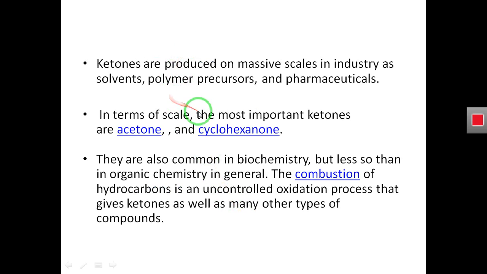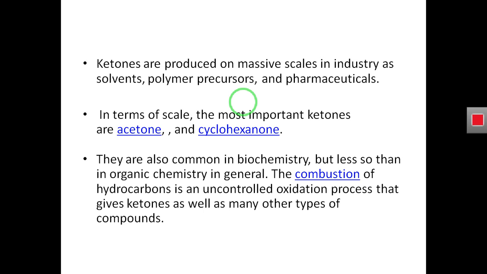Ketones can also be produced on a massive scale in industry, for example as solvents and polymer precursors. Ketone can be used in industry as solvent and as polymer, and the most important ketones in the pharmaceutical industry are acetone and cyclohexanone.